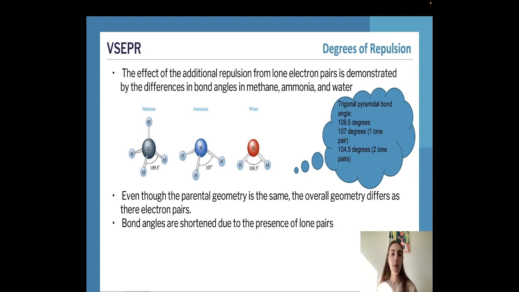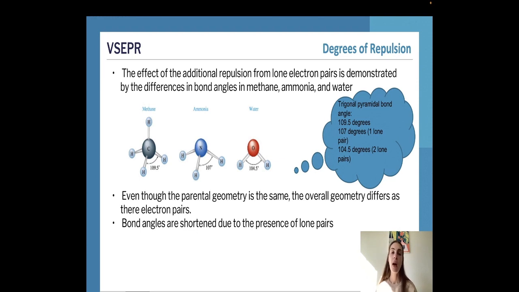We can then consider ammonia, and ammonia has a 107 degree angle between each of the hydrogen atoms that are spread flat or slightly downward angled from the nitrogen. This is because ammonia has a lone pair on the nitrogen atom.